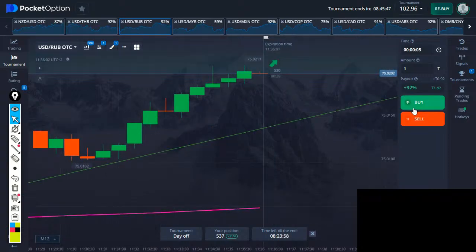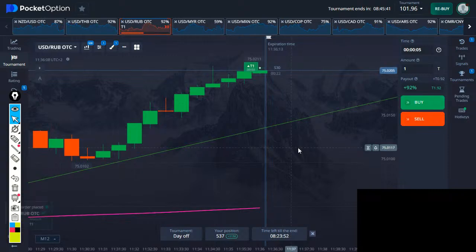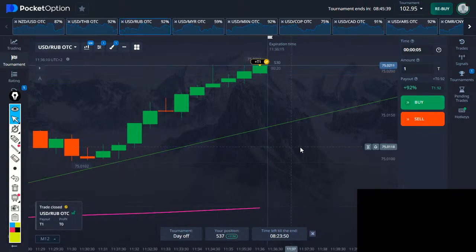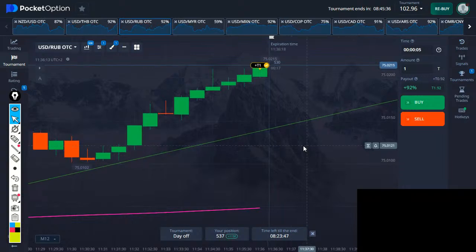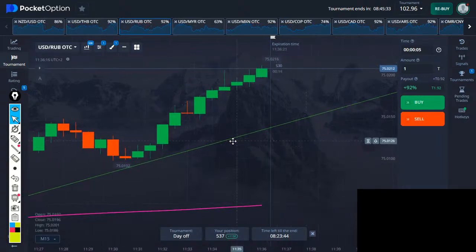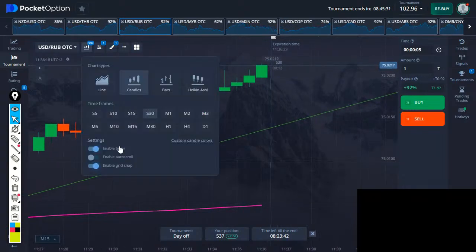Okay, we have red, green, powerful green, go for a buy. Also a refund, two refunds back to back, no problem. Wait for the next bar to open and go for a buy as well.